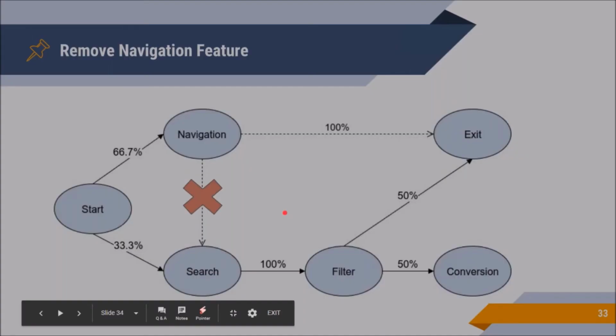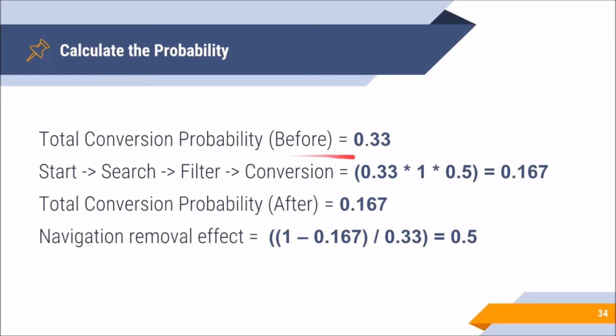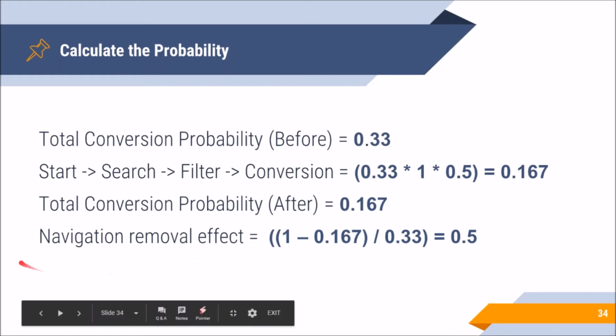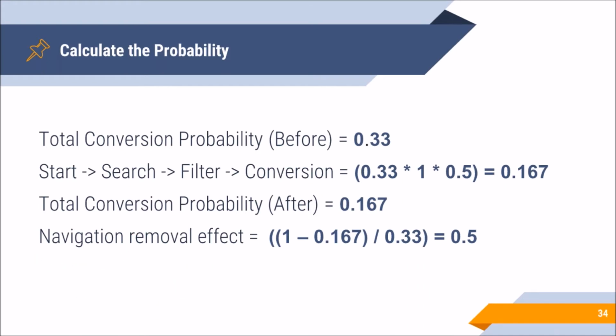If you remember, in the previous model where we had all the features, the total probability was 0.33, which is now, since we have only one path, from start to search to filter to conversion, reduced to 0.167. So the total change on the conversion is that we lost our conversions by 50%. That's a big number, right? So that is the removal effect of the navigation feature, which means if we remove navigation, we are going to lose 50% of our customers.